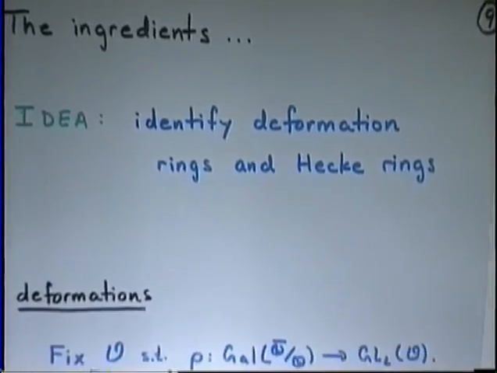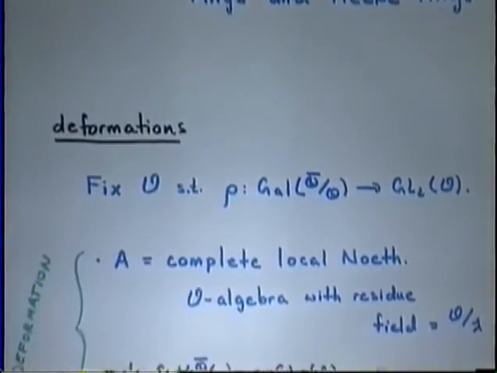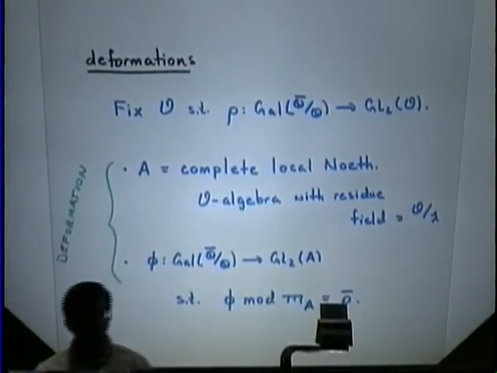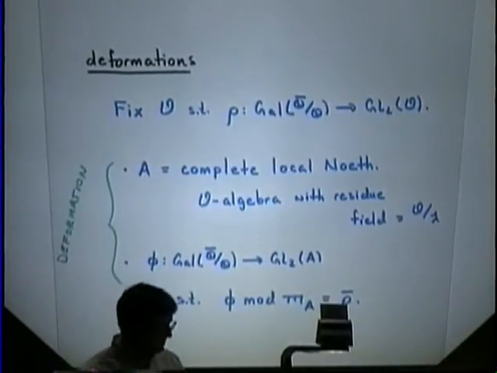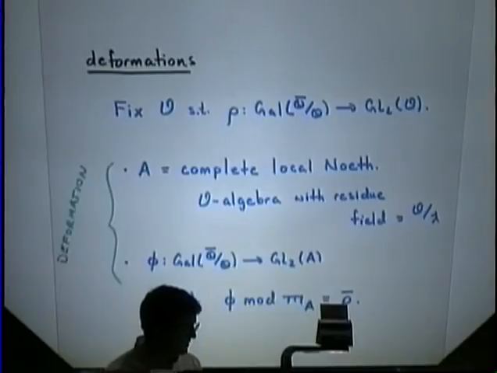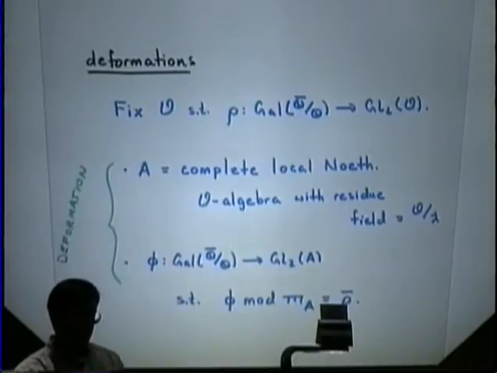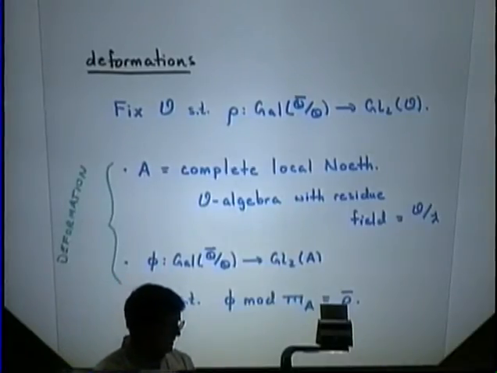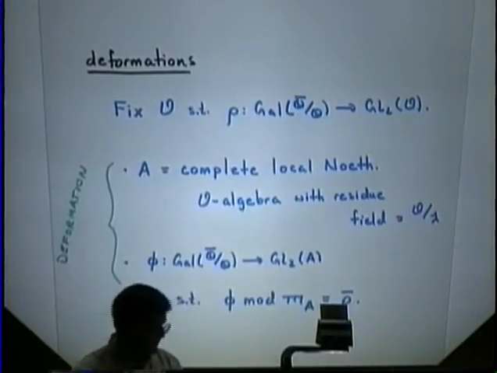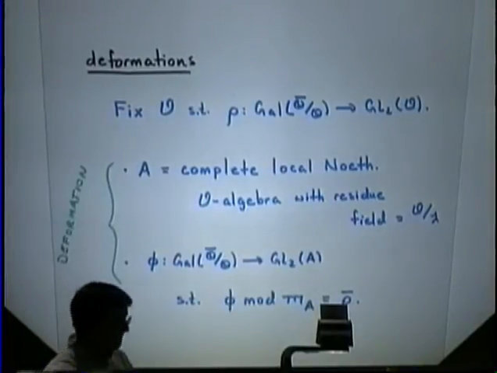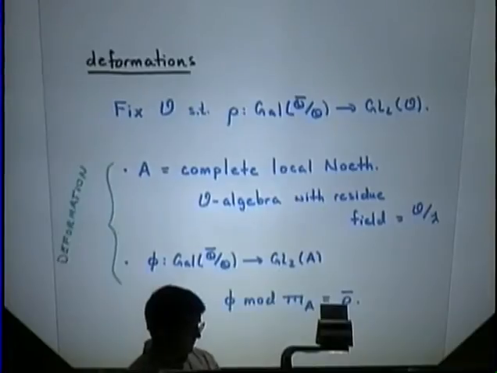So let's talk first about deformations. This is going to be completely unrelated to automorphic forms. This is something in the world of Galois representations, or group representations more generally. If we fix our ring O, the ring of integers, such that our representation that we're interested in takes values in GL2 of O, then we'll formulate a deformation problem. And we'll talk about deformations of its residual representation.